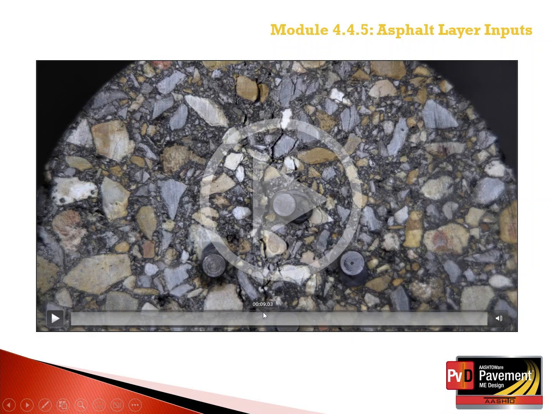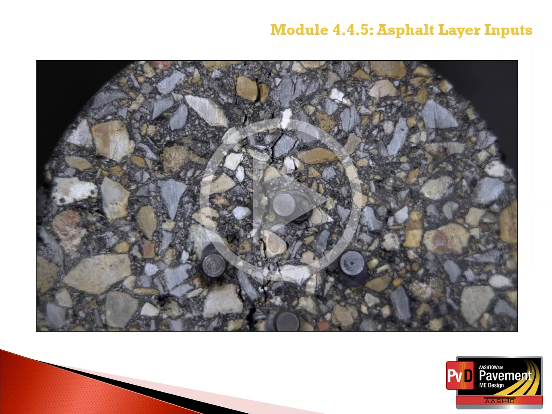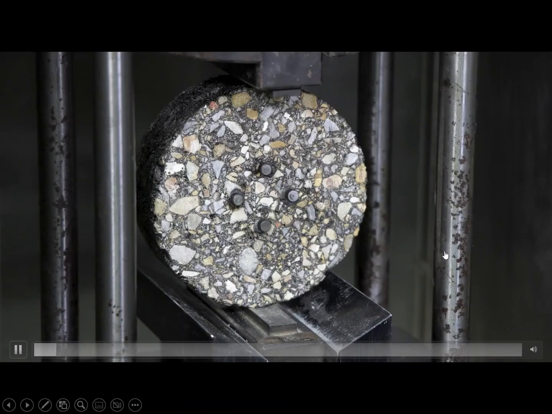The LVDTs to measure the horizontal and vertical strains along the diametral axis must be attached to the specimen face to determine the tensile strain at failure. The LVDTs are attached to the specimen in accordance with AASHTO T322.